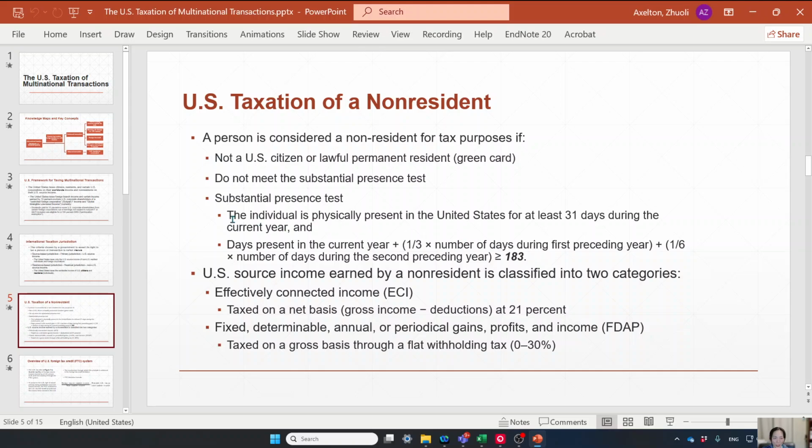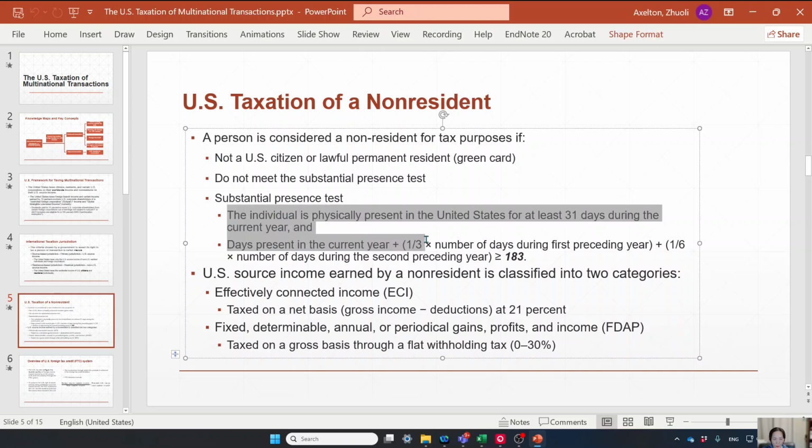If a person meets the substantial presence test, then that person is treated as a resident; if not a U.S. citizen or lawful permanent resident and not meeting it, the person is treated as a non-resident. There are some exemptions, specifically for students and exchange scholars, but this applies to any foreign taxpayers.